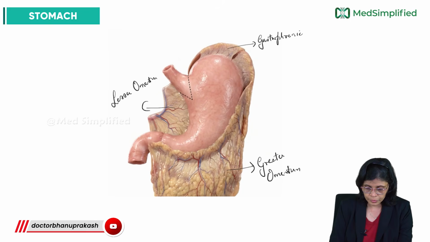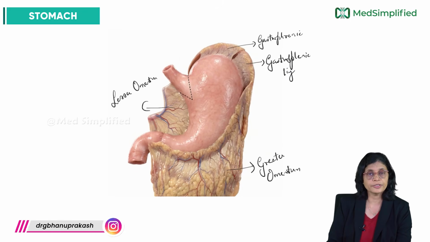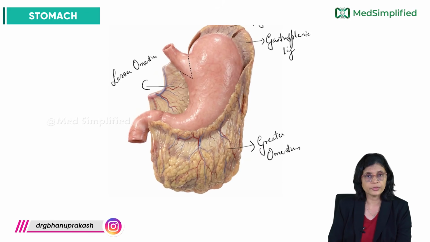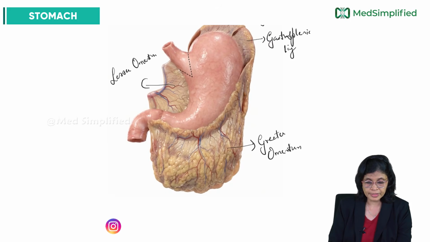Opposite the fundus, we see the gastrosplenic ligament. Along the rest of the greater curvature, we see the anterior two layers of the greater omentum, which contains the right and left gastroepiploic arteries, with an anastomosis present there.